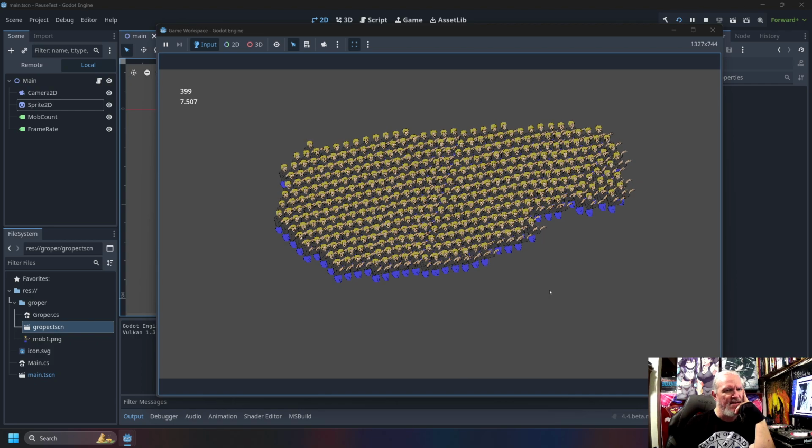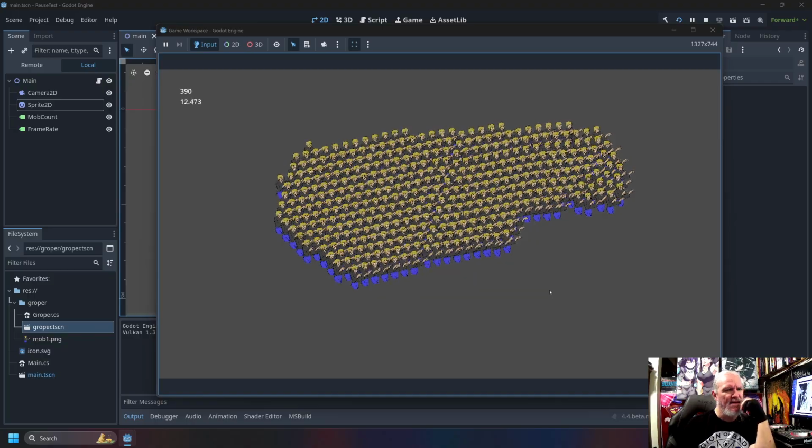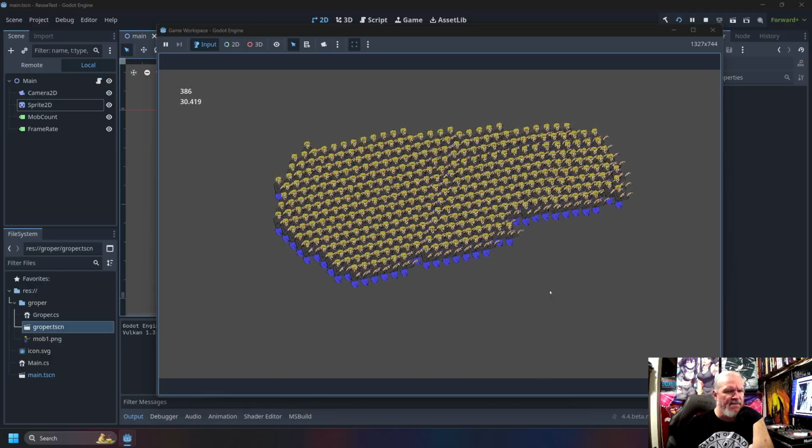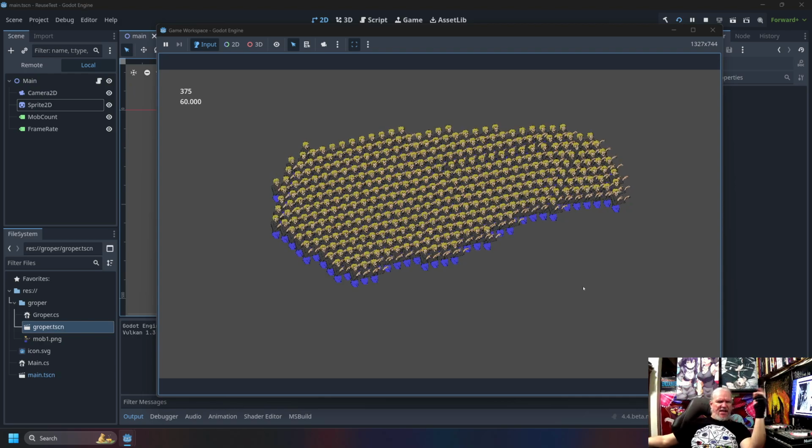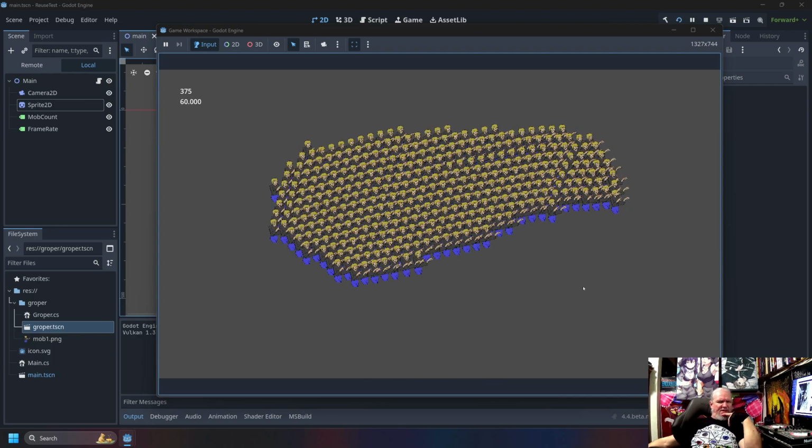But if I just pull 10 of them off, look at the frame rate go up. 383, we're having some issues keeping it at 60, but we're doing okay. At 375, it'll stay at 60, no problem. It'll just sit there at 60 frames a second with 375 mobs on screen.